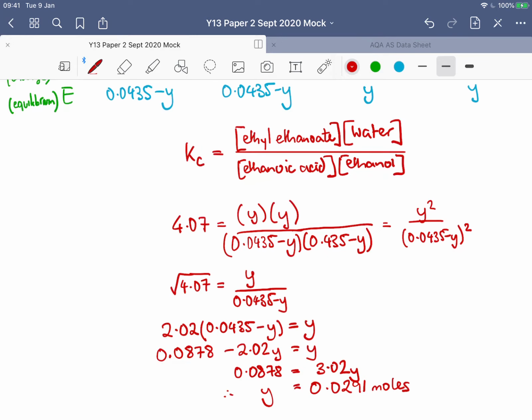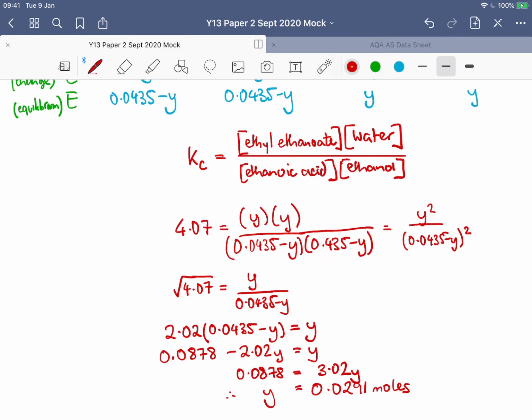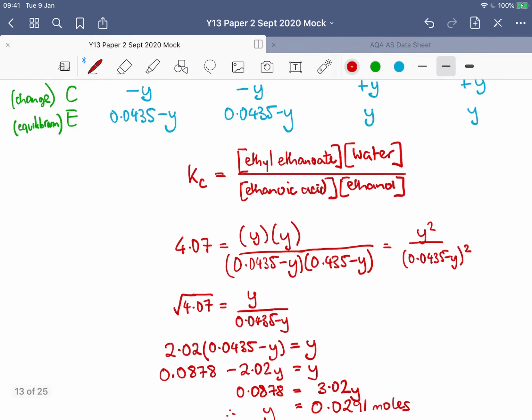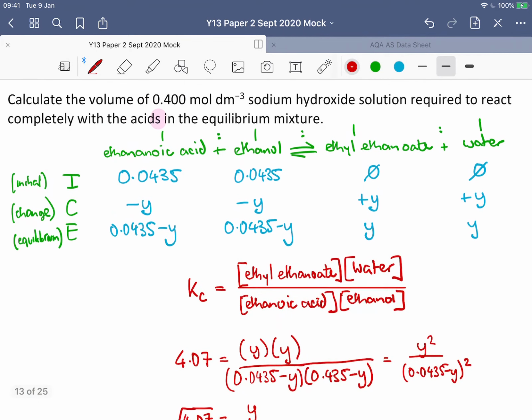So now we've got Y. What that's telling us is how much ethyl ethanoate we've made. We've made that much ethyl ethanoate, we've made that much water, but it also tells us how much ethanoic acid we've used. And if you think about what we're ultimately doing to check this reaction, if we go back, it says calculate the volume of 0.400 moles per decimeter cubed sodium hydroxide solution required to react completely with the acids in the equilibrium mixture.